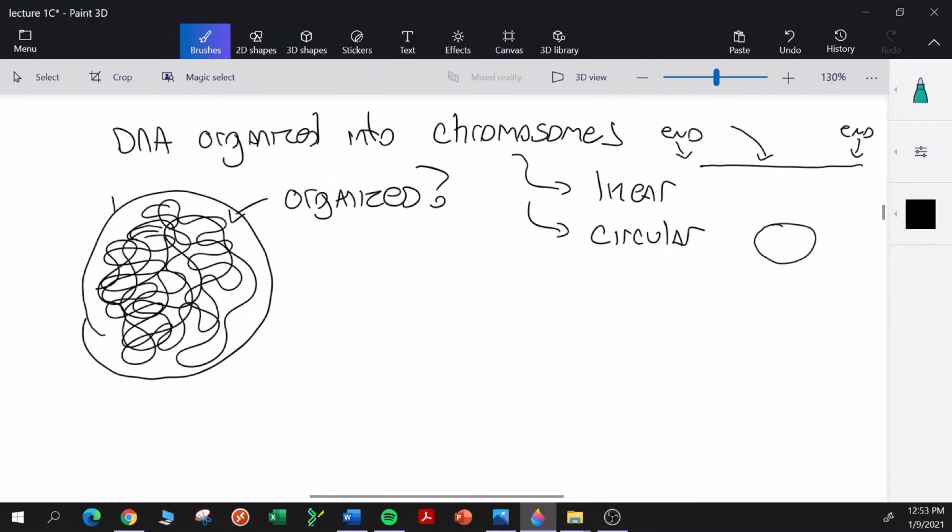So nuclei are thought to have certain territories, and each chromosome is thought to have its own territory. That's really poorly understood, but what I want to show you is that, during most of the cell cycle, most chromosomes are open, they're decondensed.